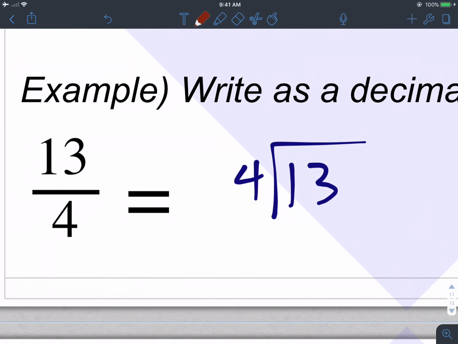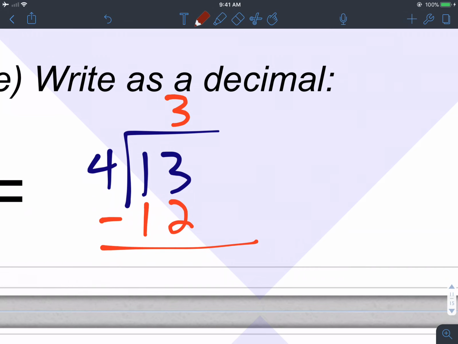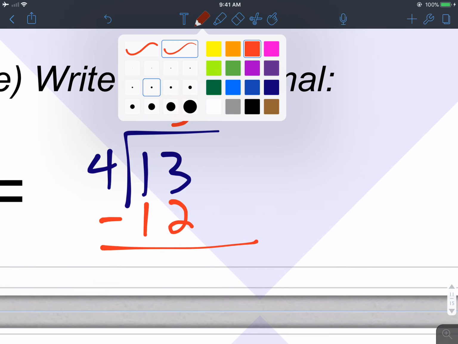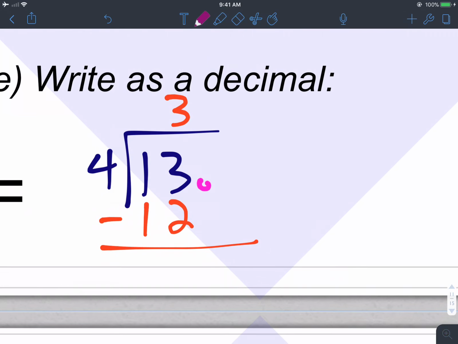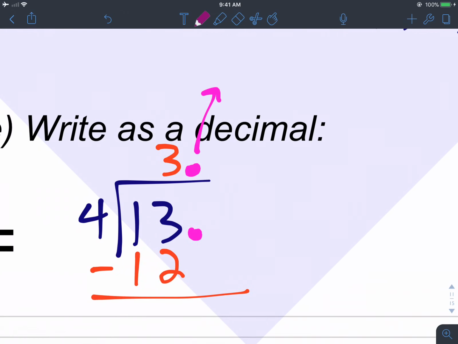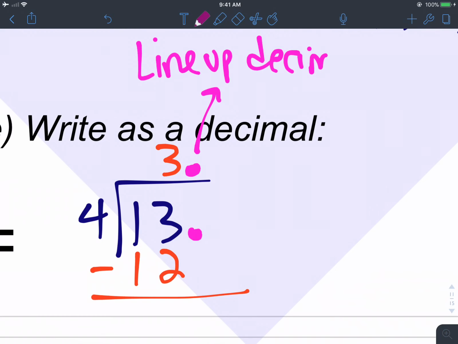12, 3 times. 4 times 3 is 12. Now, instead of doing the remainder thing from the other chapter, we will line up the decimal point and add zeros.